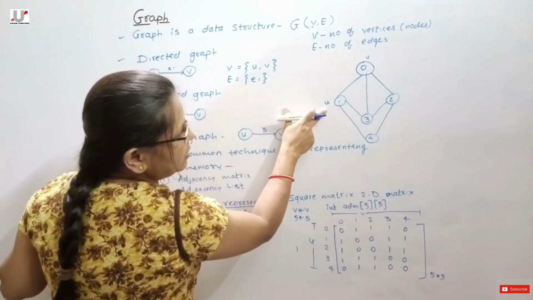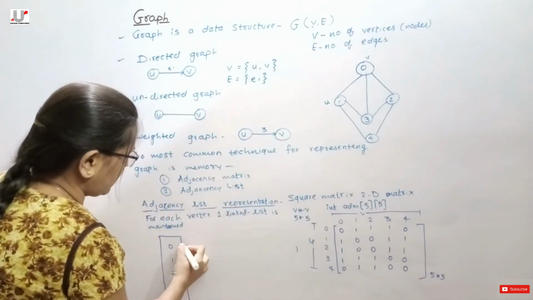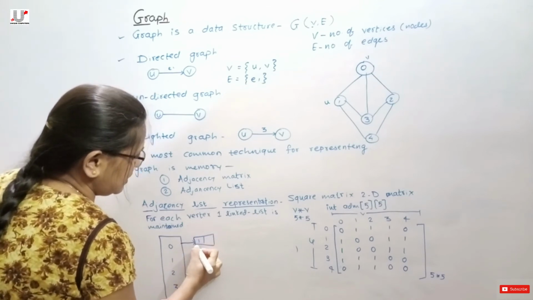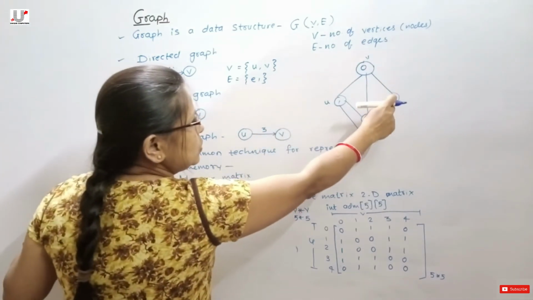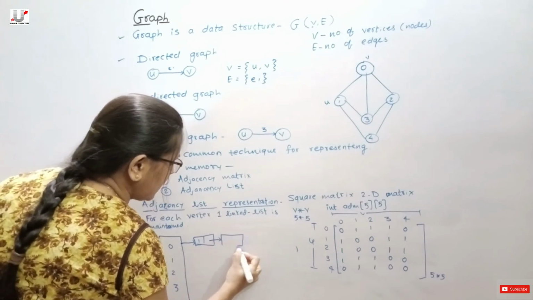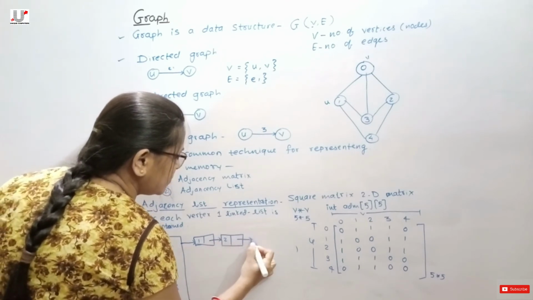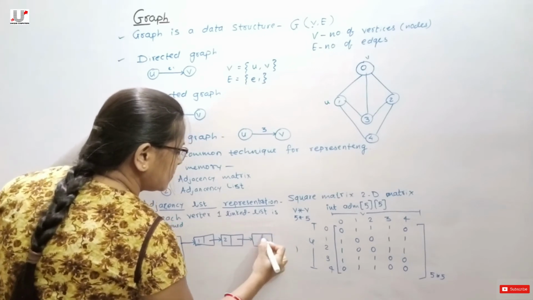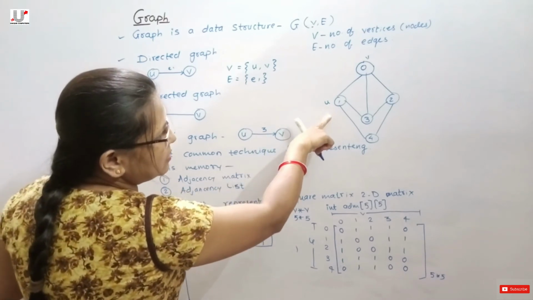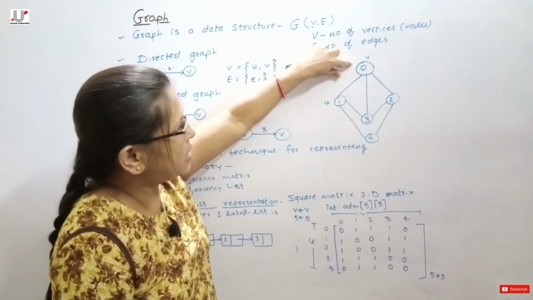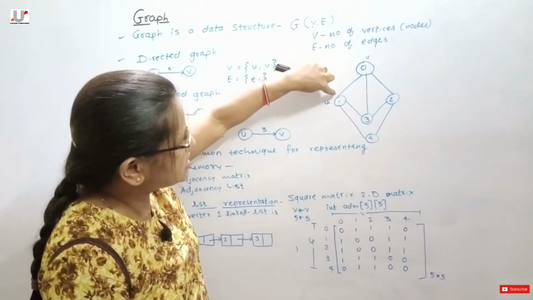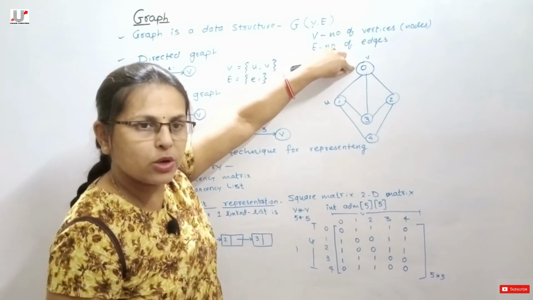From 0 to 1, there is a link. From 0 to 2 and 0 to 3. Then from 1, as it's an undirected graph, there is a link from 0 to 1, and similarly there is a link from 1 to 0 also.